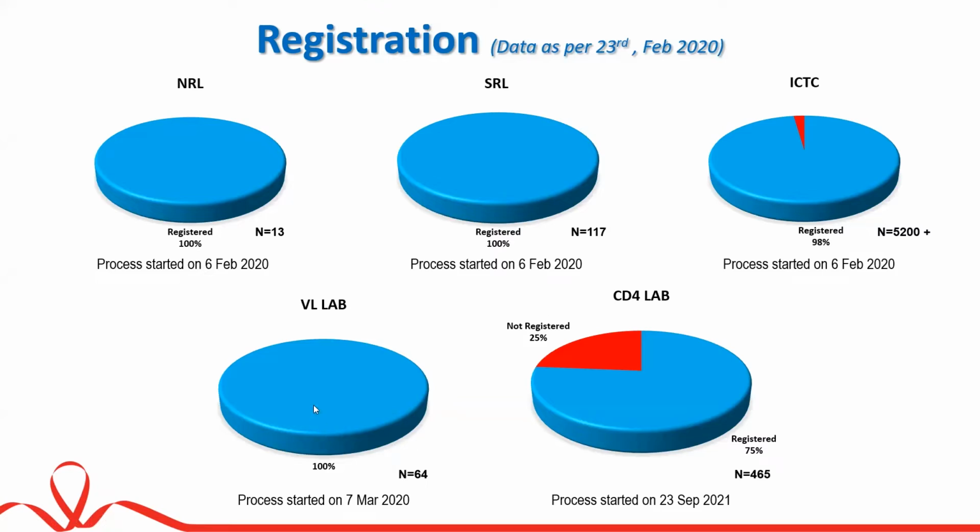Viral load is also 100% registered, and CD4 is a little less because the entire process started on 23rd of September 2021, and they have conducted only one round of PT in the digital platform. The PT program has been going on for the last 10 years, but digitalization of the CD4 program started only in September.